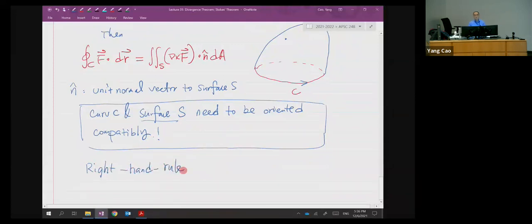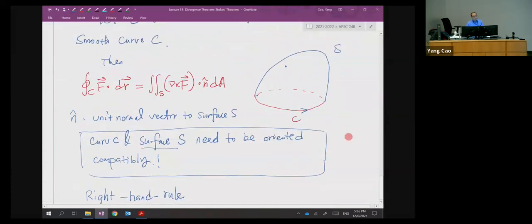What direction should the n hat be? Should it point outward or inward? That has to be determined based on compatibility with the orientation of the curve C.